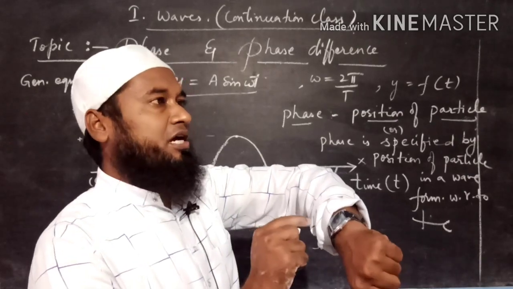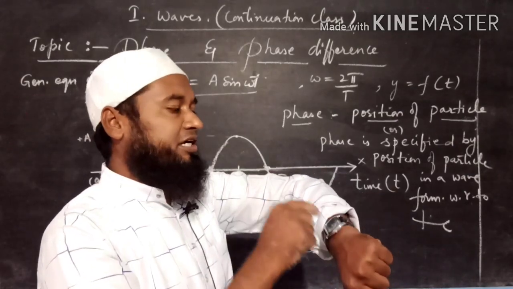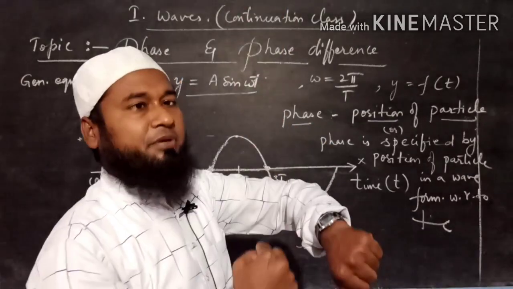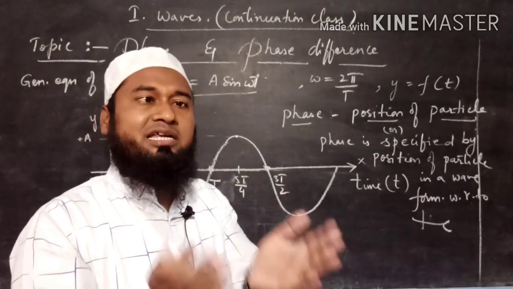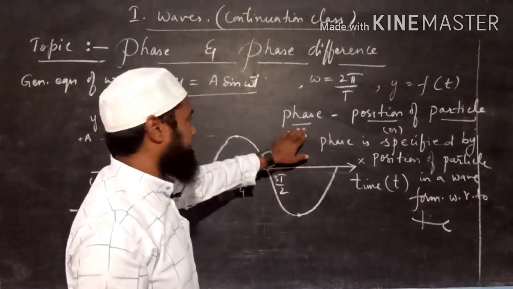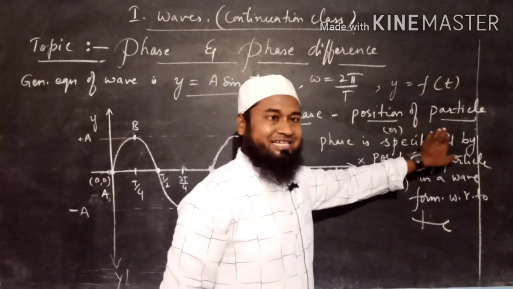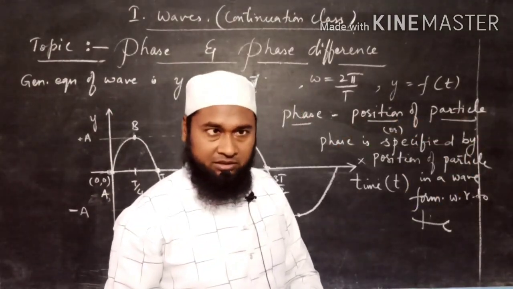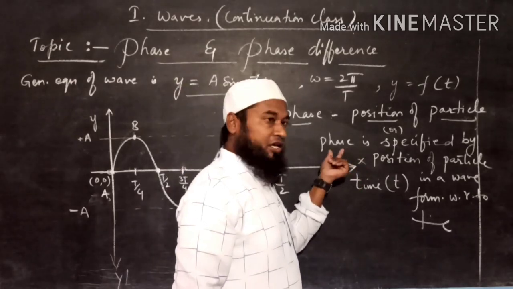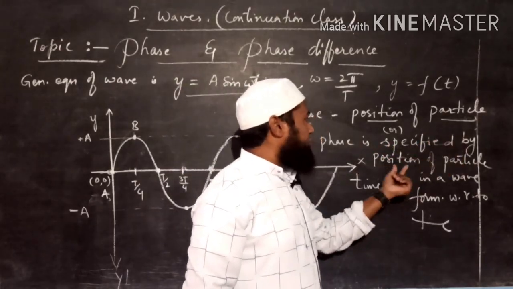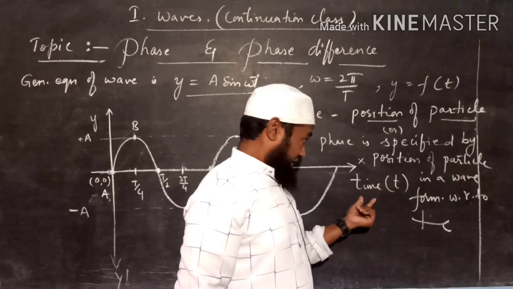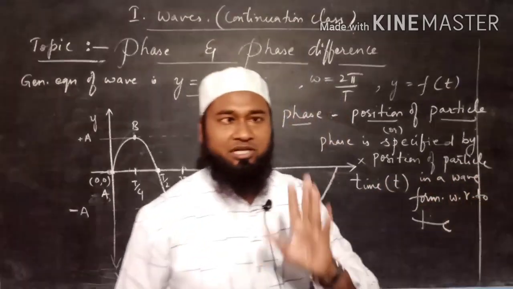With respect to time, it can be told at this time at which position the particle will be; giving that information is called phase. So that is why, in simple terms, phase is nothing but the position of a particle. Lengthy definition: phase is specified by the position of a particle in a wave form with respect to time.